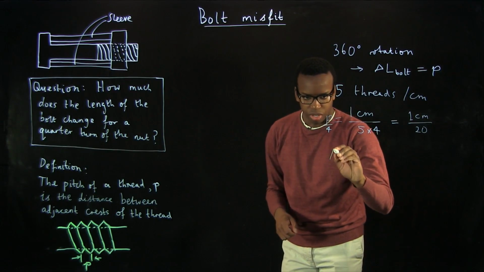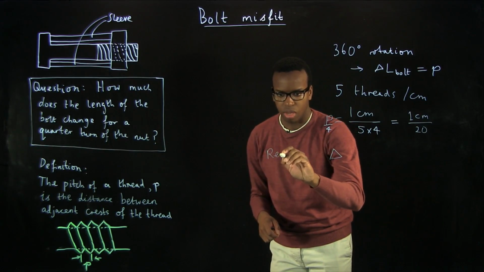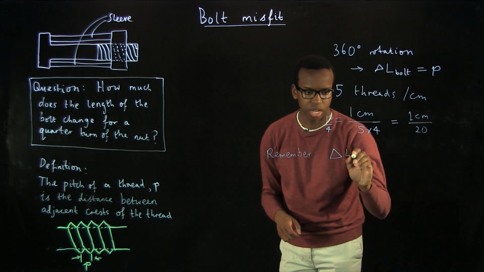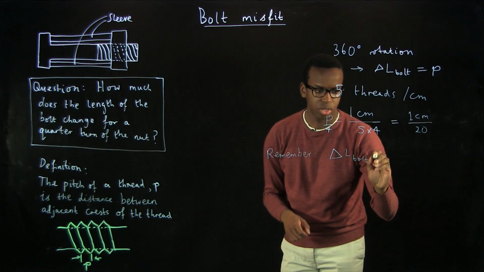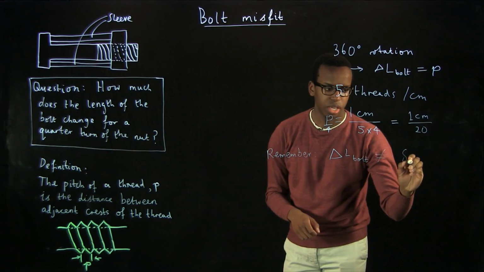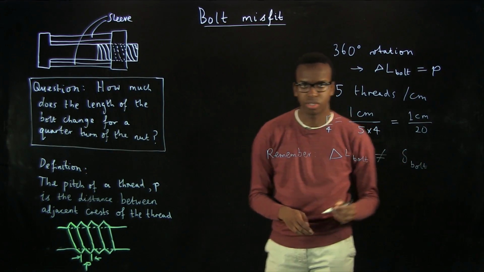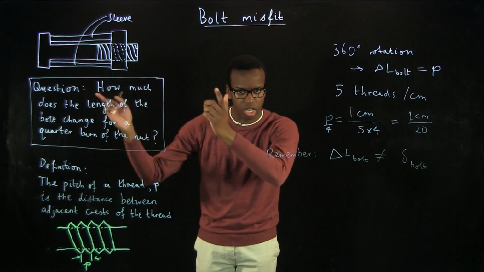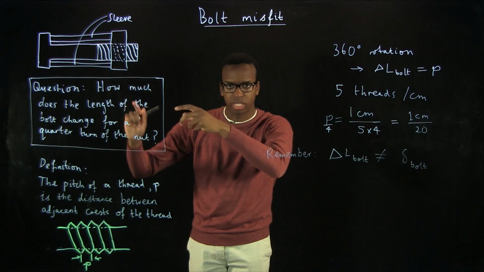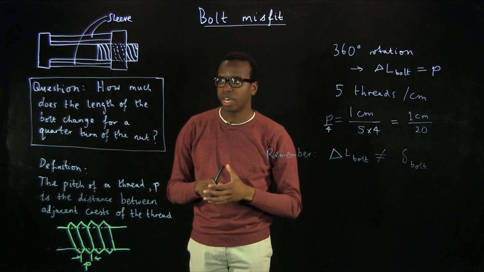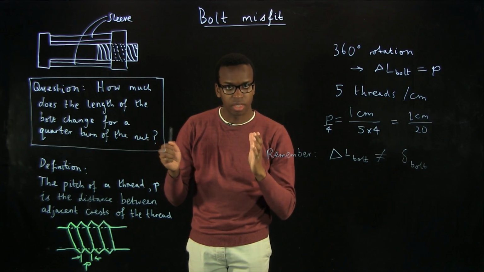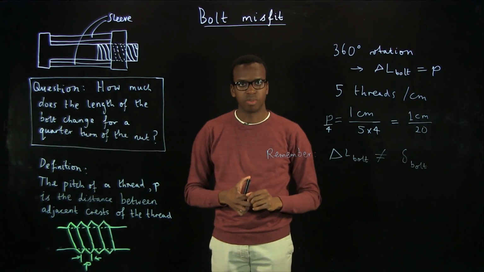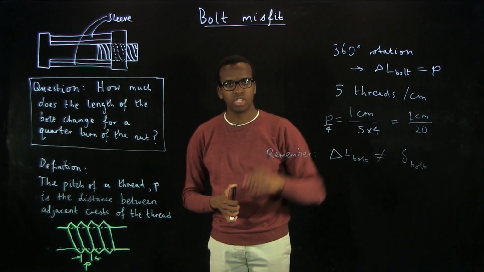And so in general, remember that the change in length of the bolt does not equal the elongation of the bolt, because we know that the sleeve has a Young's modulus of its own, and when we tighten the nut, the sleeve is going to be compressed by some amount. So the sleeve deforms as well as the bolt. So remember that when you're doing the problem, but at least we know now what the change in length of the bolt is.